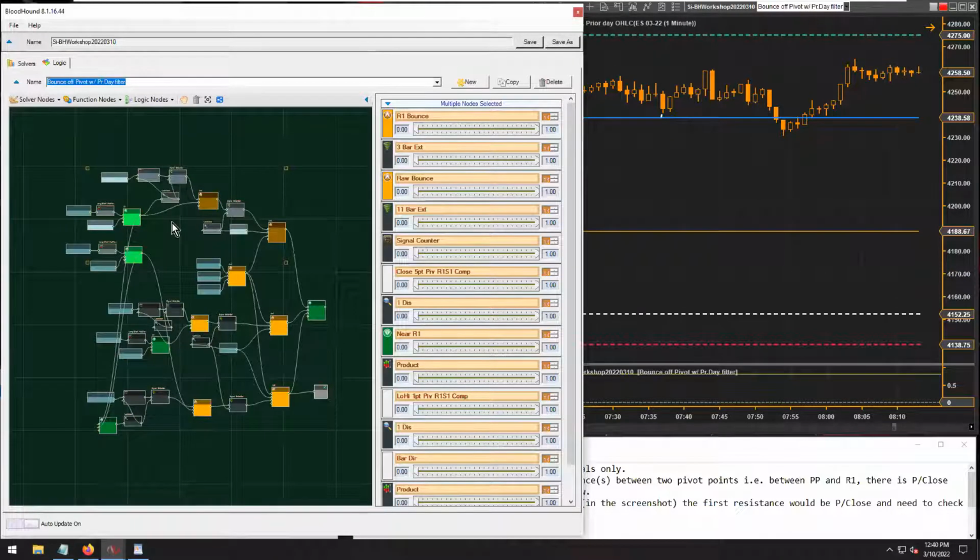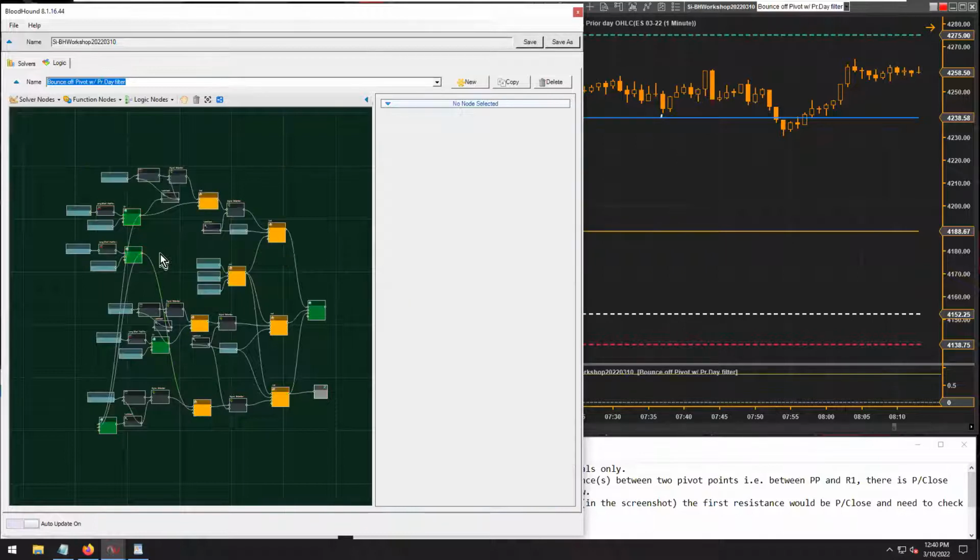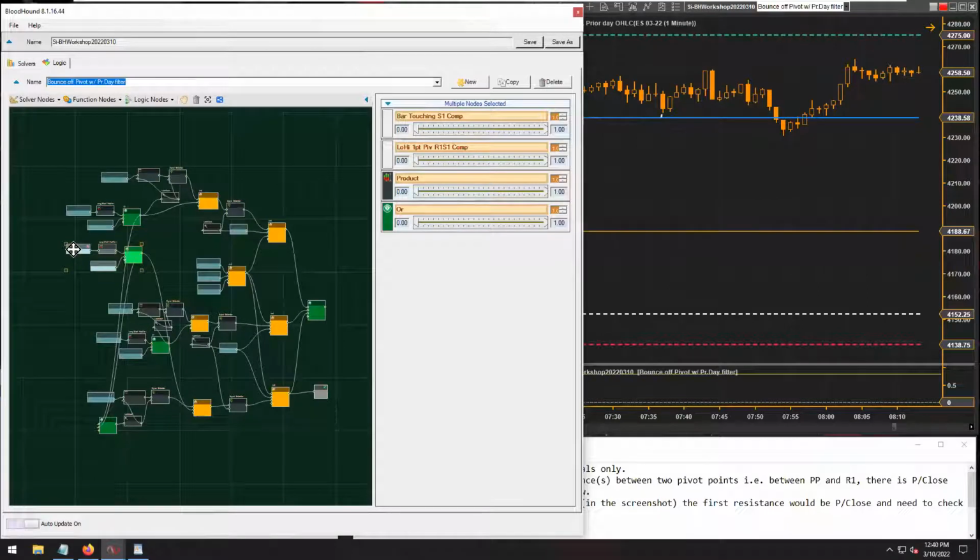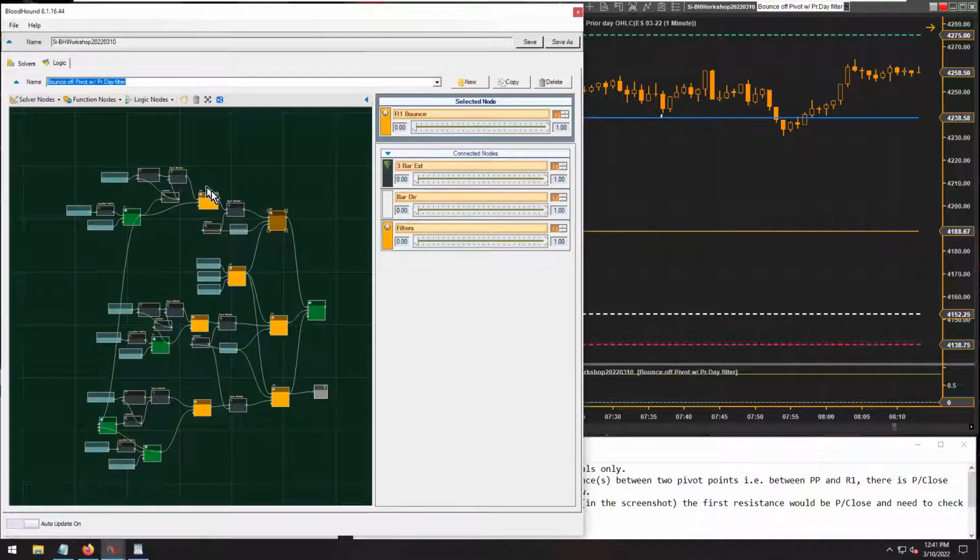But I think that's going to end up being far more complicated to understand what's going on after this workshop is over. So for the sake of understanding when you revisit this in the future, I think it's going to be better to keep this logic separated. It'll be a lot easier to understand.